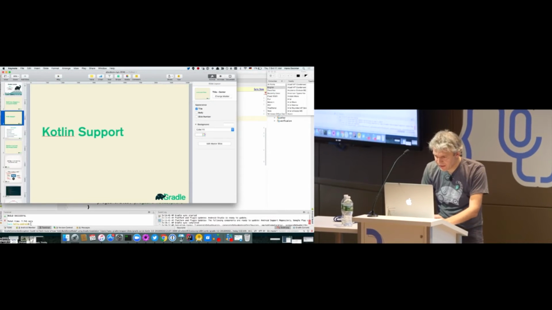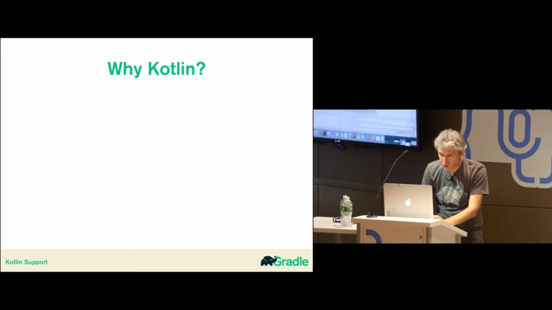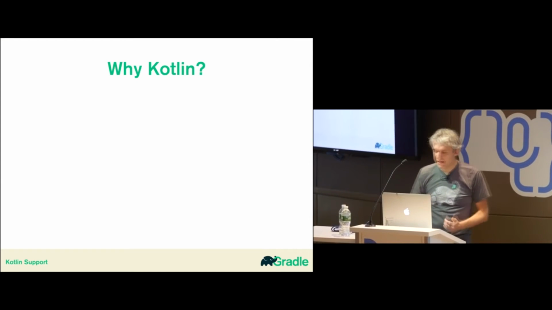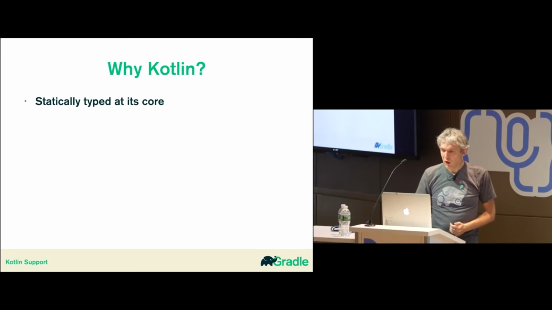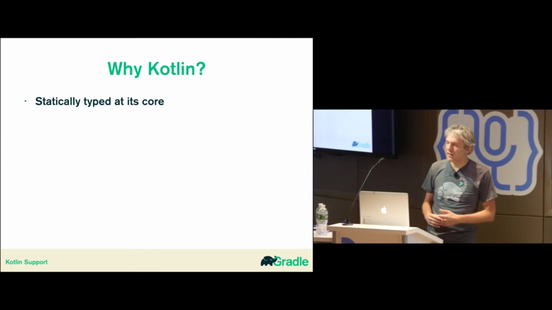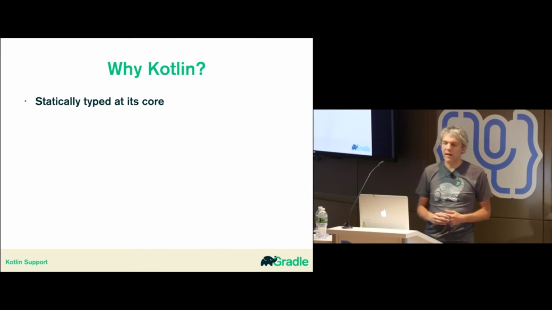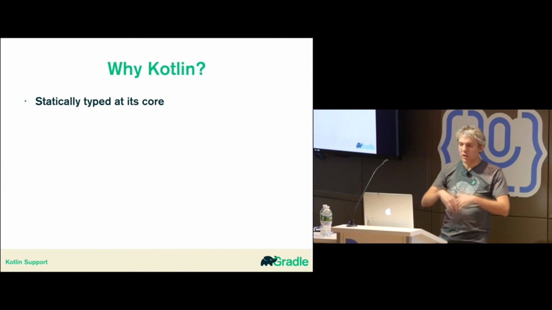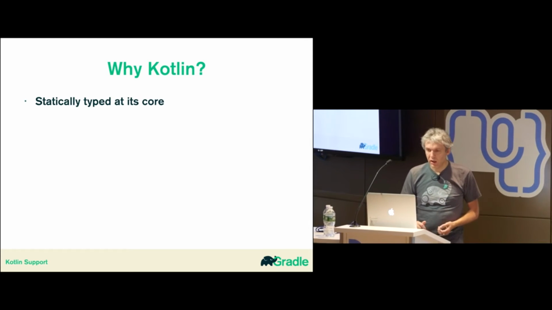So we are very excited about this, and just want to talk quickly about all the reasons why we made that move, basically. So first of all, Kotlin is statically typed at its core, right? And at the same time, extremely convenient, without all the boilerplate you have in Java.